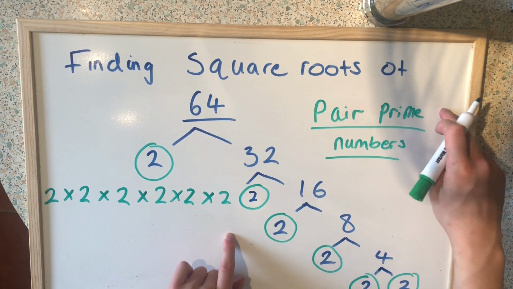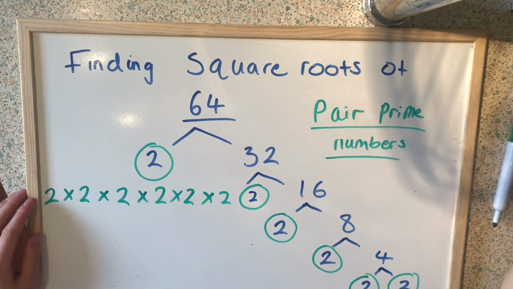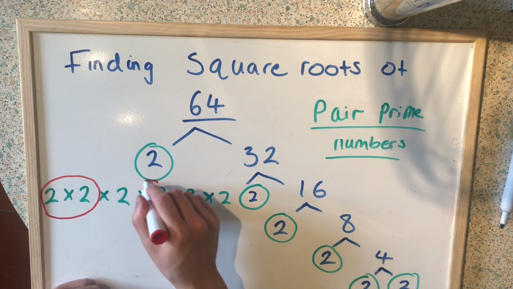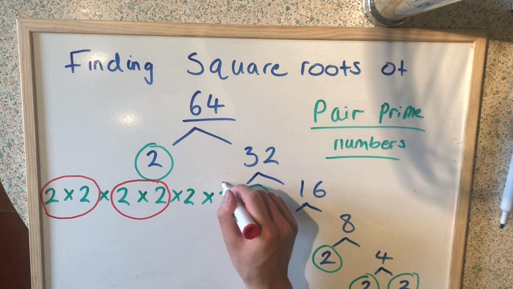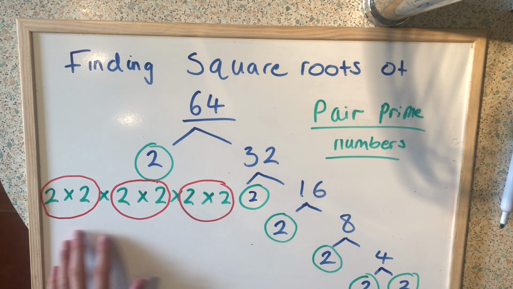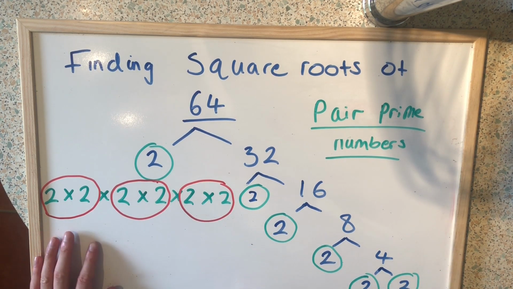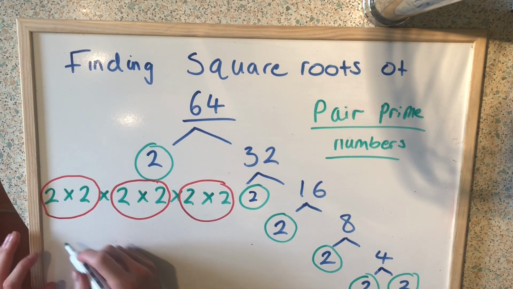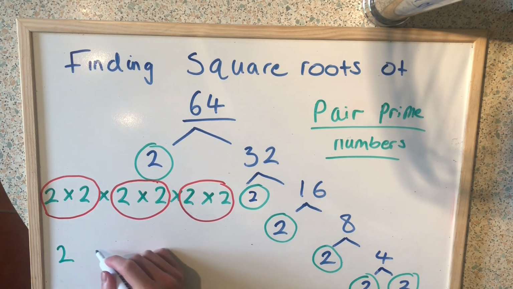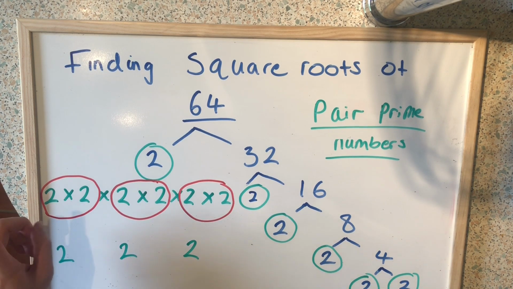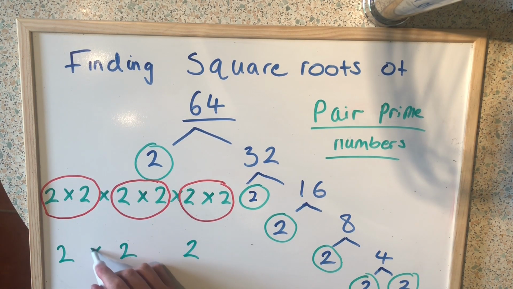And now we can pair these prime numbers up. So this is one pair, that is one pair, and that is one pair. And then once you've paired them up in 2s, you take one number from each pair. So we just take one number from each pair, and then we times them.